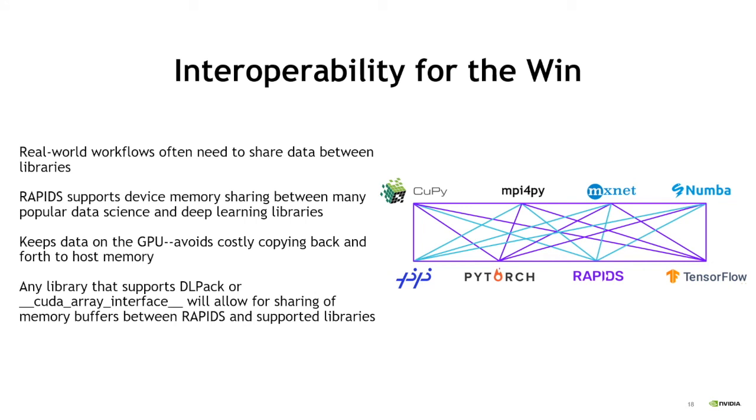So CUDA array interface is a standard format to describe a GPU array and allow it for sharing between different libraries without copying or converting data. So just like you can work with NumPy and pandas in the same workflow, you can now use cuDF and CuPy together while keeping the data entirely on the GPU.